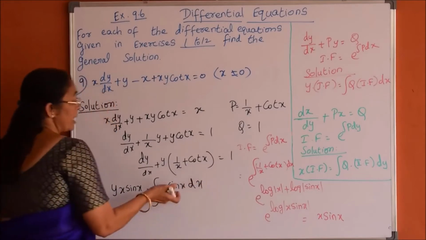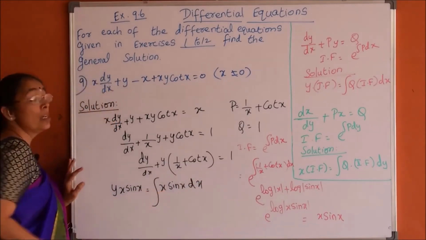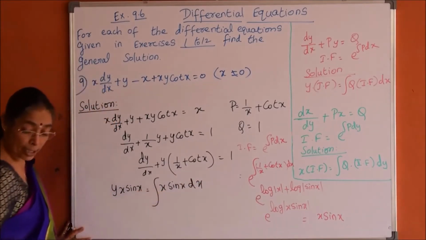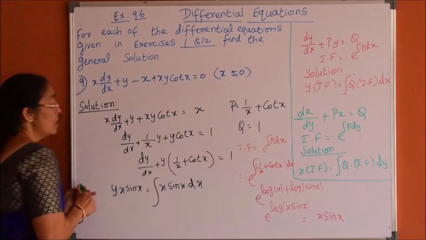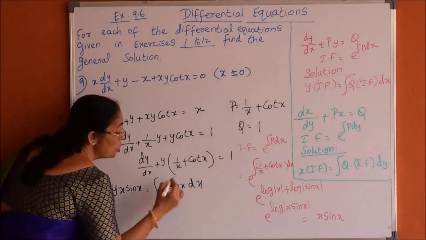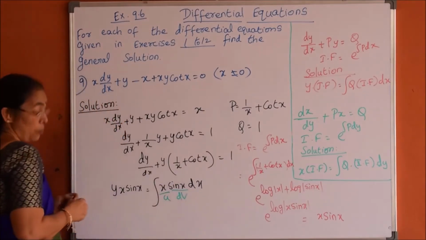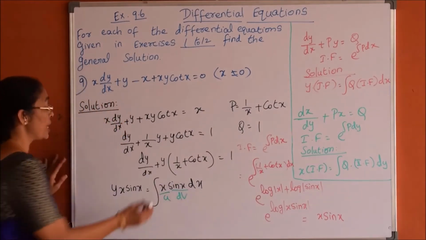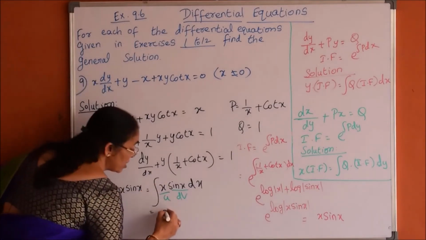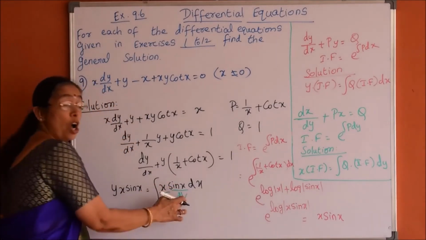Now we can integrate x sin x dx by product rule. By product rule, uv consideration, x is u, sin x dx is dv. So by applying product rule, u is x, v is integration of dv.